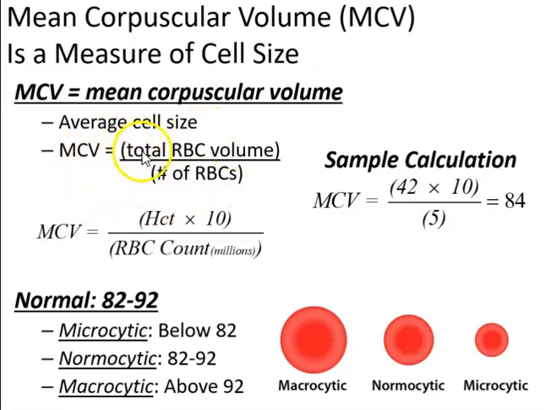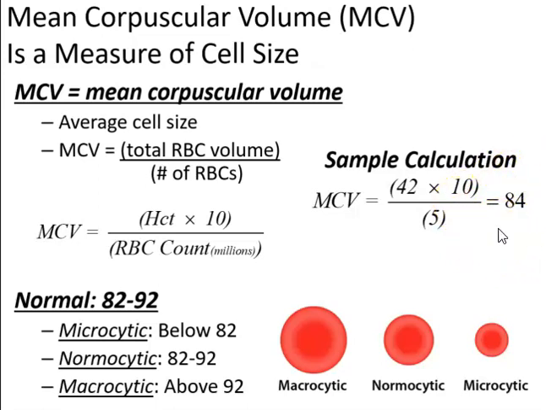So we have the total RBC volume divided by the number of red blood cells. So in this formula, we see hematocrit times 10, and then divide that by the red blood cell count, which is in millions. So, for example, if we have a normal hematocrit of 42, we multiply that by 10, and then we divide that by 5 to get the MCV of 84.